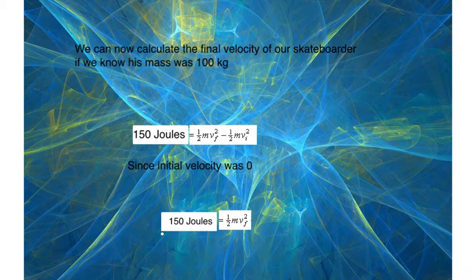All we need to know is his mass. Let's say that was 100 kilograms. So we know that 150 joules of work is going to be equal to the kinetic energy final minus the kinetic energy initial. And so we know that his initial velocity was 0, so therefore 150 joules is equal to 1/2 mv squared of his final velocity.